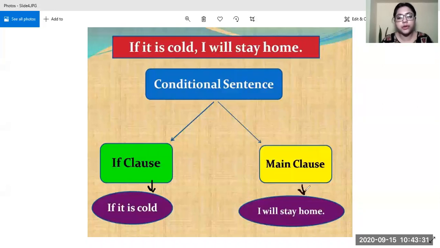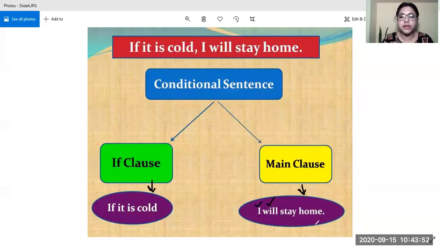I hope you remember what the main clause is. If you don't remember, you can watch the videos on clauses. This is the main clause where we have a subject and a finite verb, and it is standing on its own.